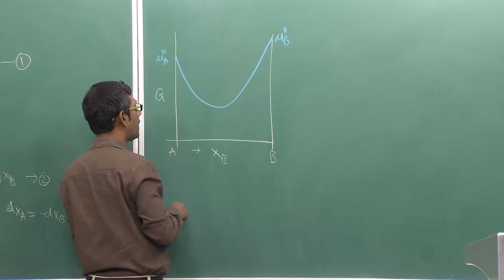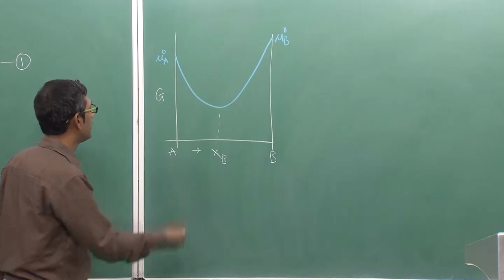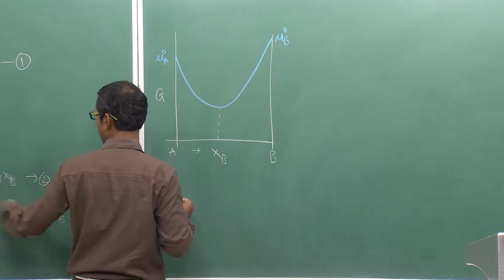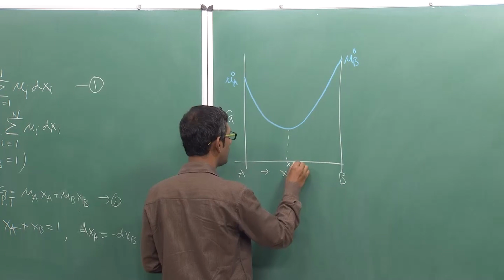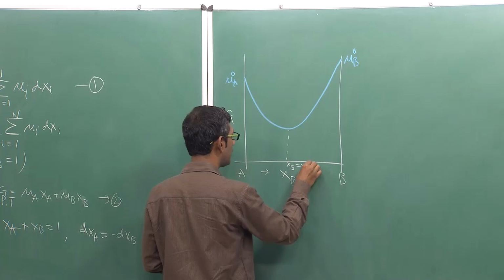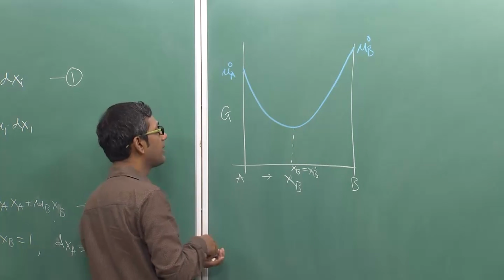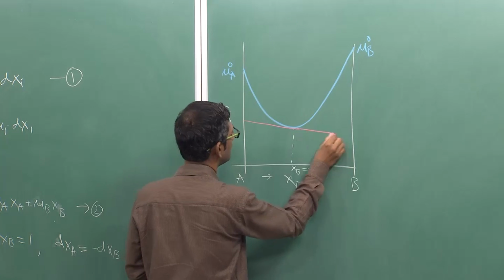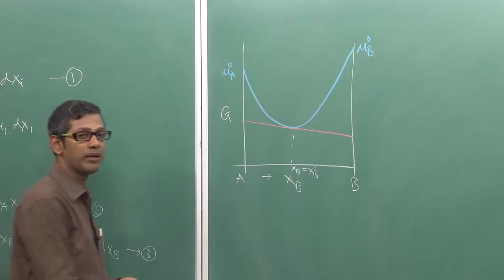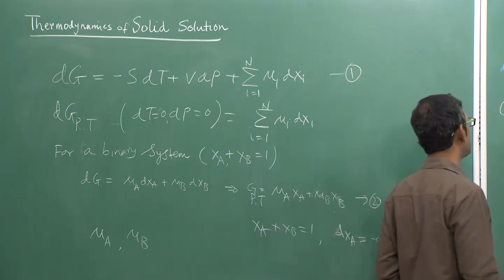If I want to derive the mu A and mu B for the solutions, suppose this is xb equal to xb1. At this point I draw a tangent to the curve, and the equation of this tangent we easily get from these derivations.